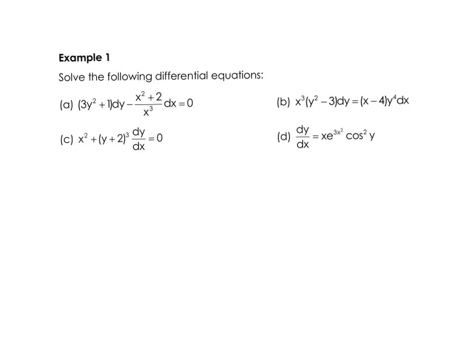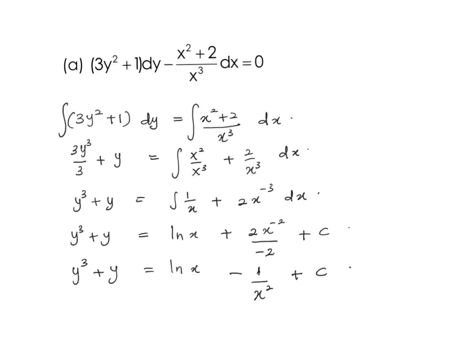We look at example 1. However, I will show you examples A and D only. Then you do B and C. For A, you are given (3y squared plus 1) dy minus (x squared plus 2) over x cubed dx equal to 0.